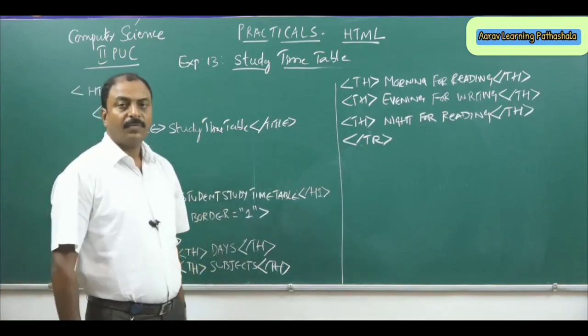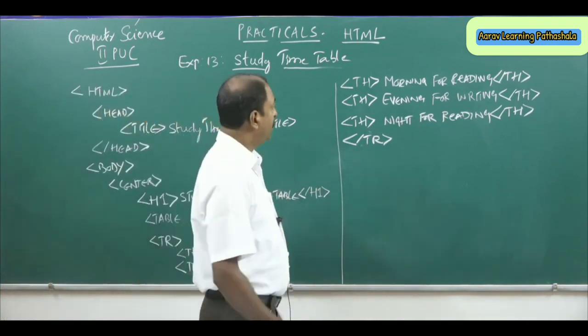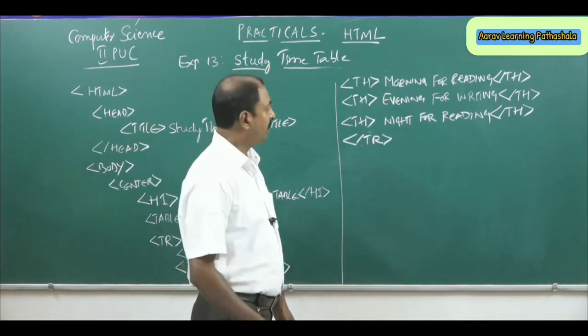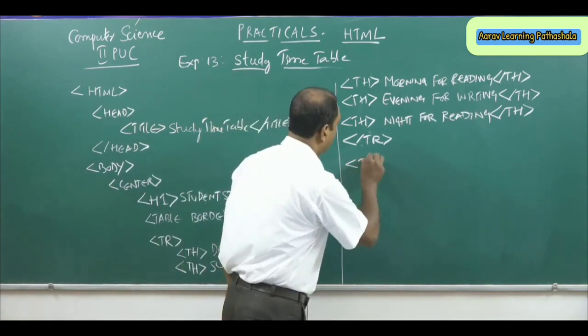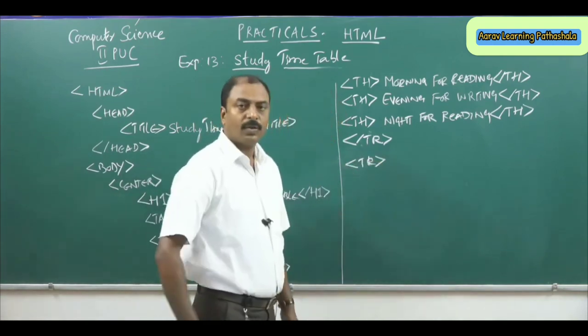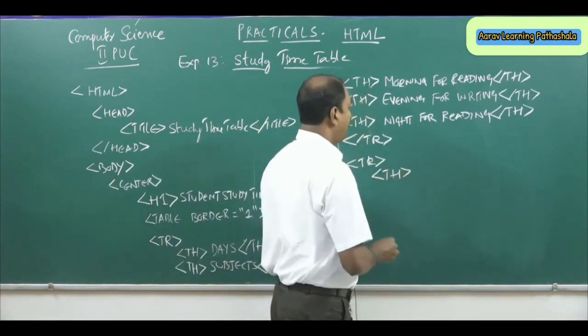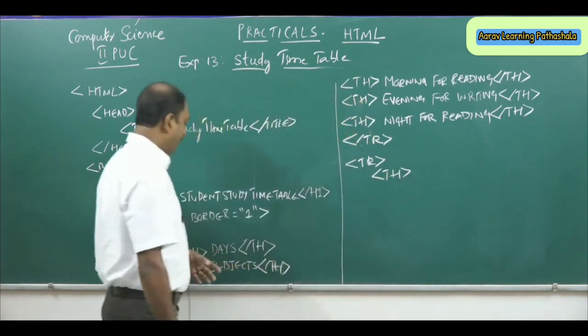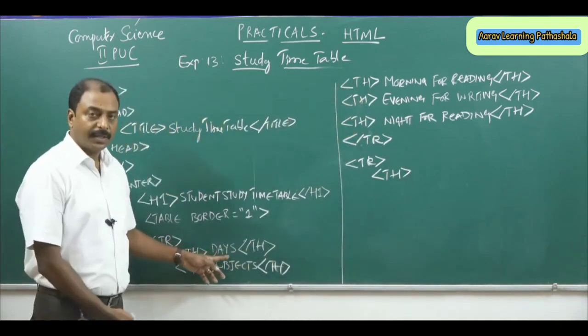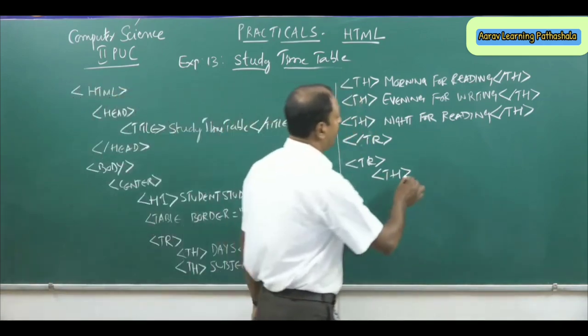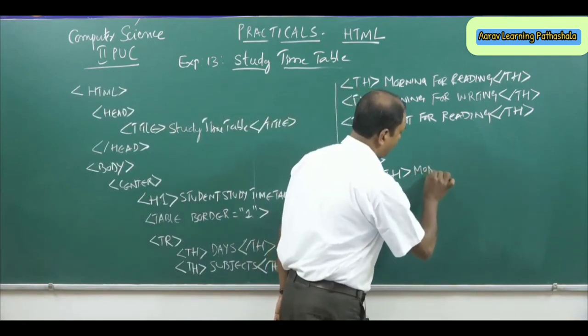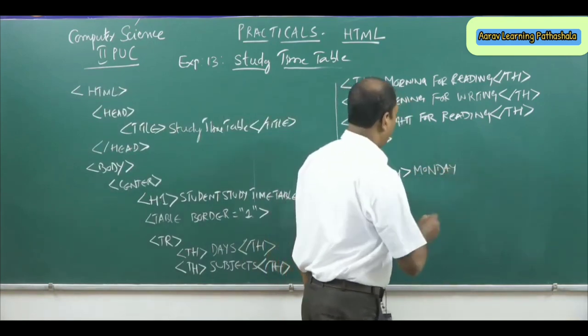The next step is to enter the data. We make use of one more tr tag. This is one more row. Again you can start with the heading. The first value you are going to write is the day, so here I can write Monday.